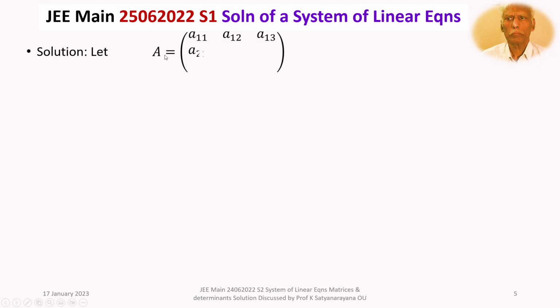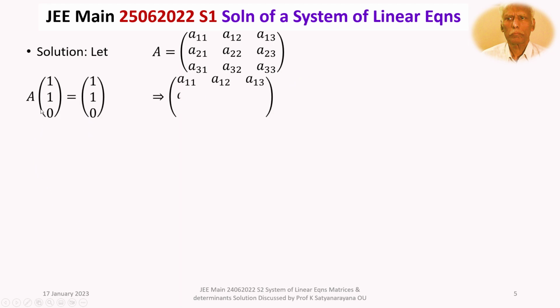Let A be a 3 by 3 matrix whose first row is A11, A12, A13, whose second row is A21, A22, A23, and whose third row is A31, A32, A33. Now, the first condition is A multiplied by 1, 1, 0 is equal to 1, 1, 0.